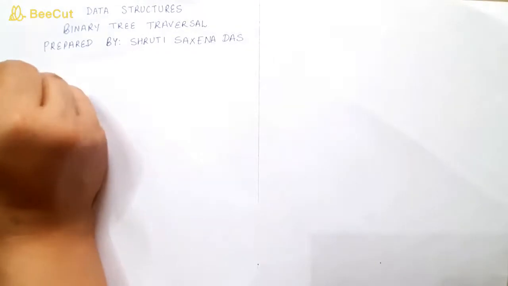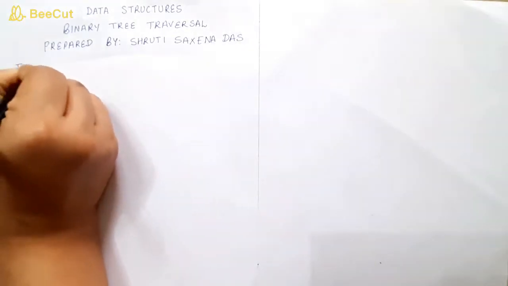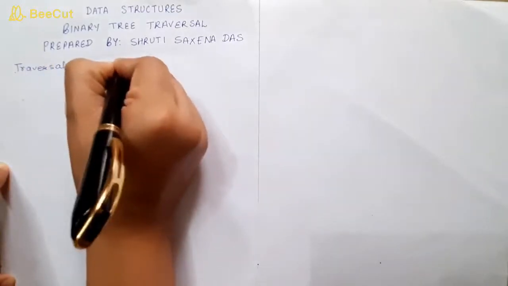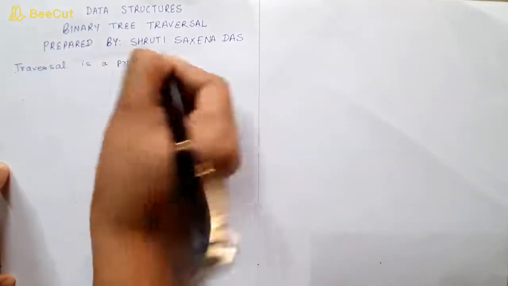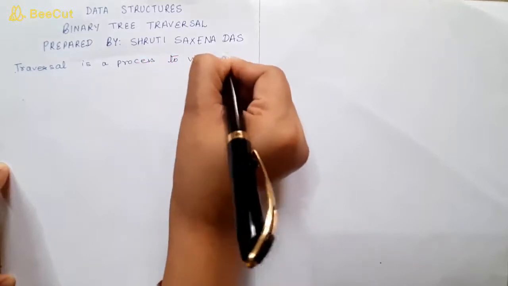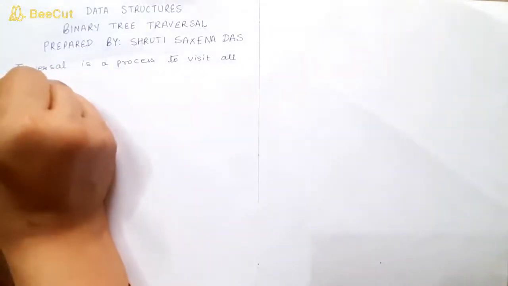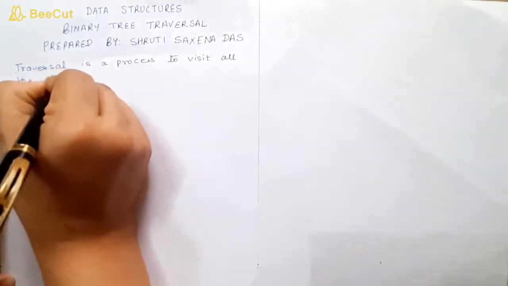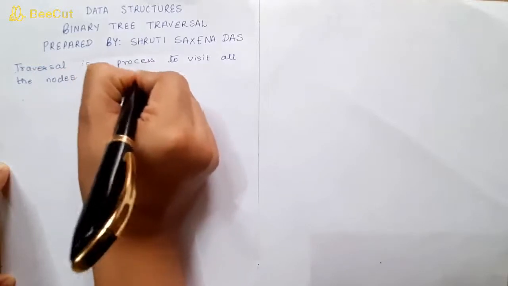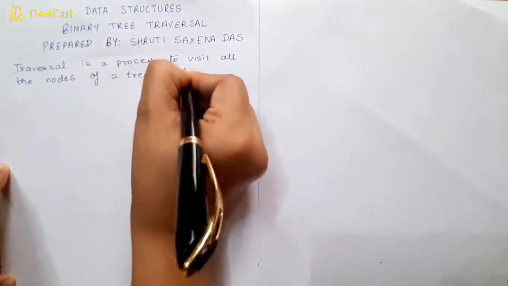Traversal is a process in which we visit all the nodes of the tree. You have to explore all the nodes which are present in the tree and we can display them.